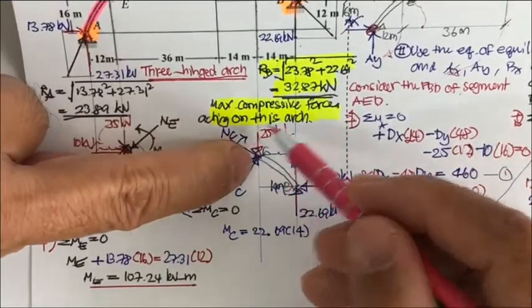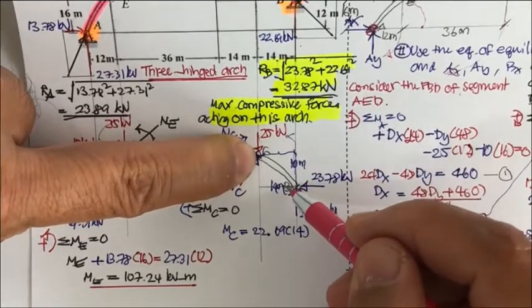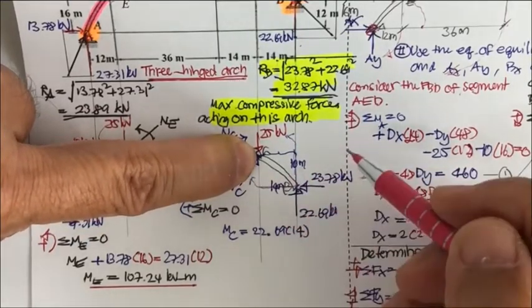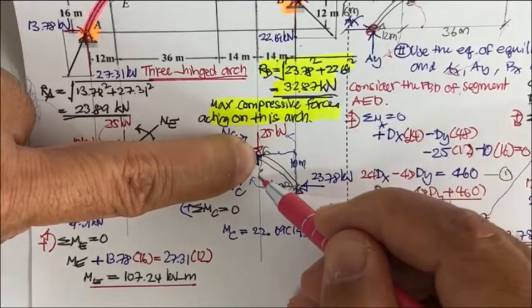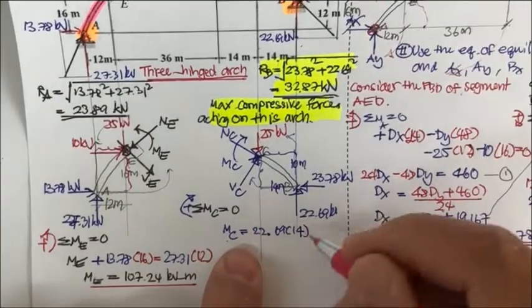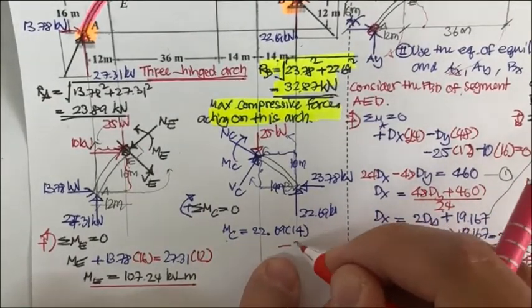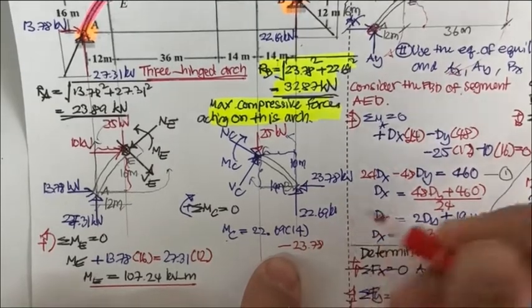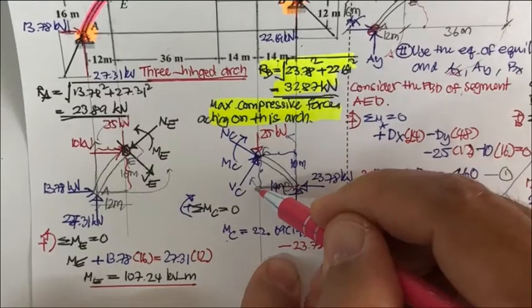Okay, this one is in this direction, this one was the direction, but this one is going to be in the same direction of this, and this one has this moment arm of 10. If you put it, it's going to be plus, but when you put this one, it's going to be minus 23.78, and this time is here.